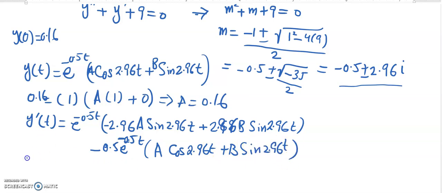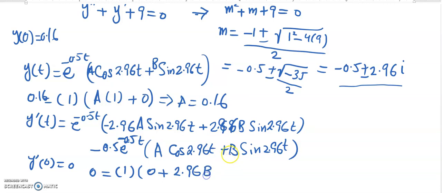Okay, so now we know that y prime 0 is equal to 0. If we apply this into this equation, y prime of t is 0, this exponential term will be 1, and in the bracket the first term will be 0, the second term will be 2.96 b. No, I think there is some mistake. Check it again. So it should be cosine.